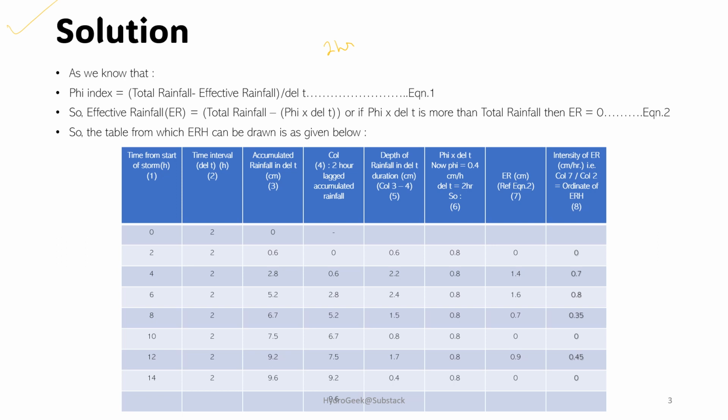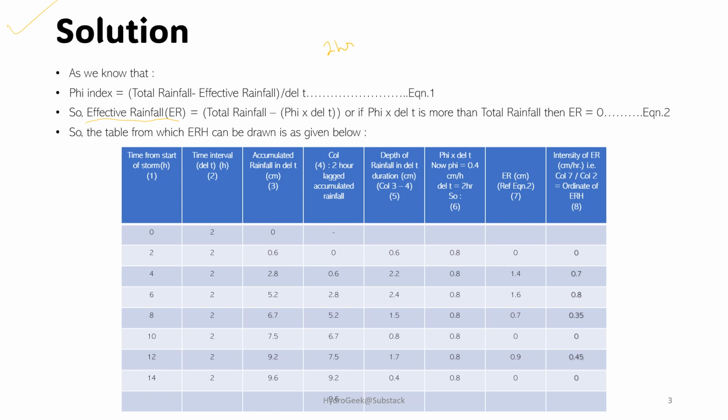Total rainfall has been given in the table as accumulated rainfall, and effective rainfall they have not given. So I can say that effective rainfall ER is equal to total rainfall minus Phi into del T.